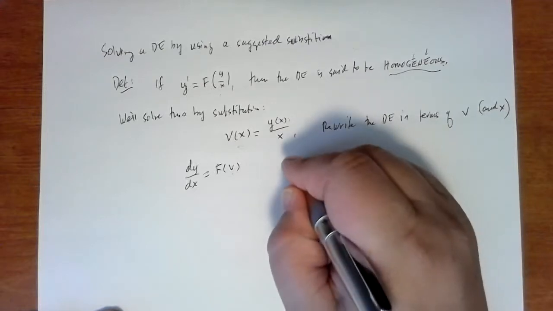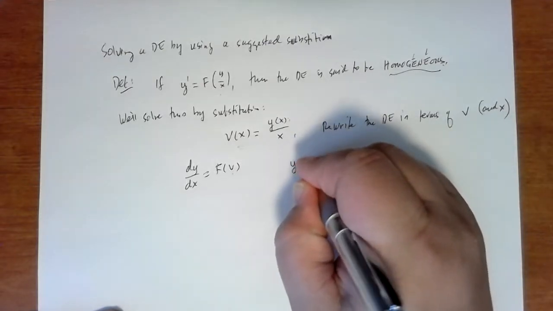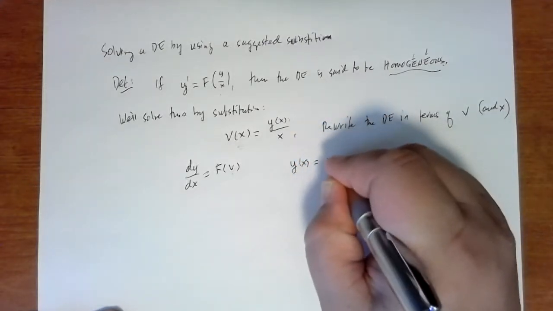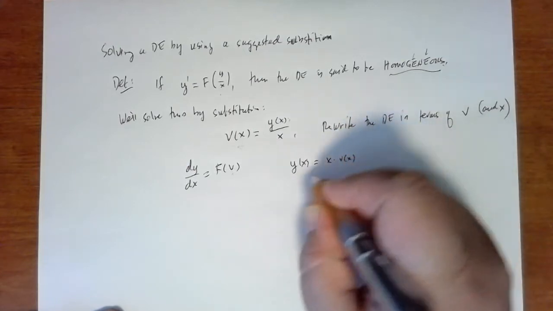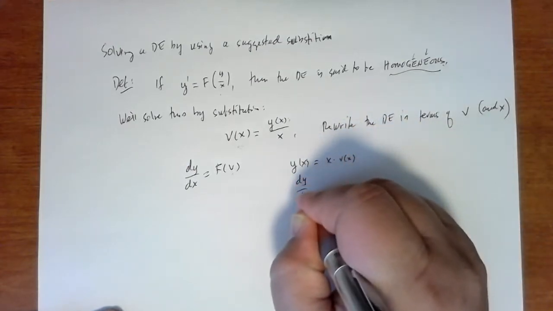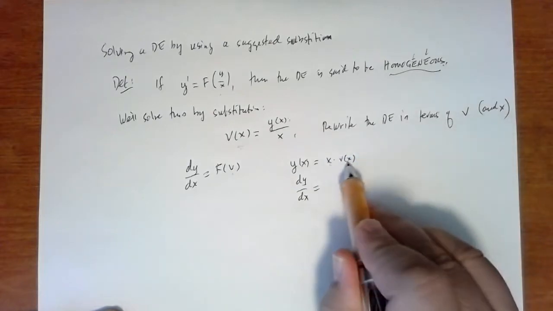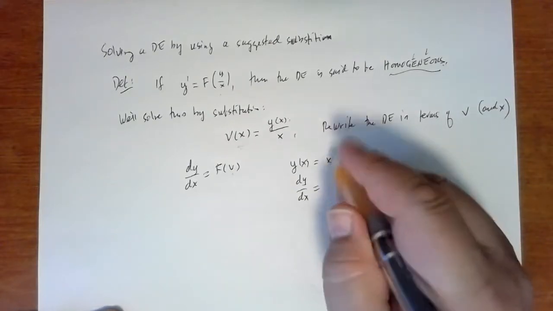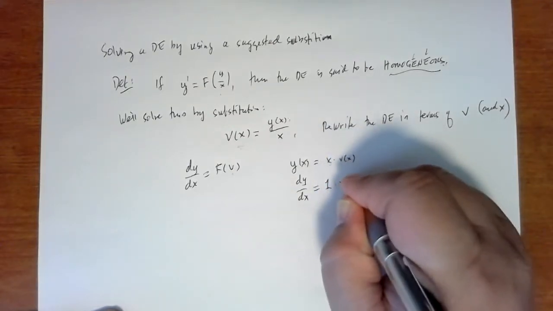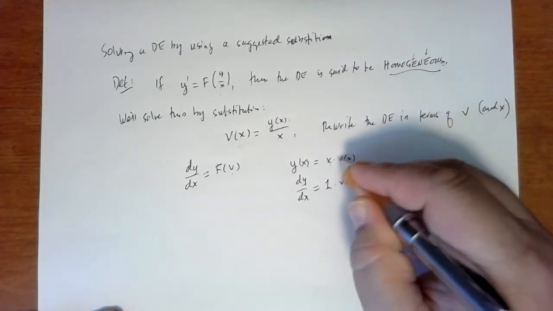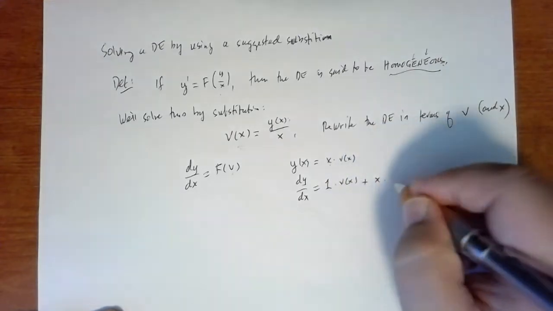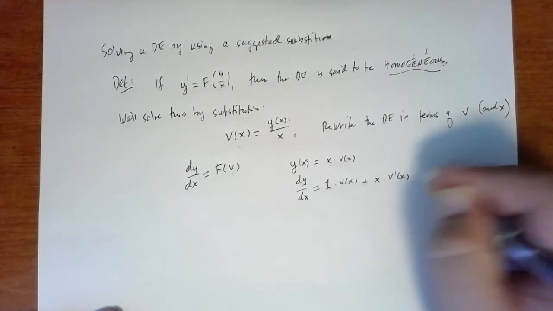Okay, so here's y of x is equal to x times v of x. So therefore, what is dy over dx? Product rule. So derivative of x is 1 times v of x plus x times the derivative of v, which is v prime of x.